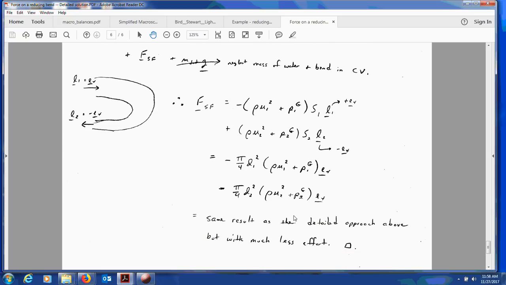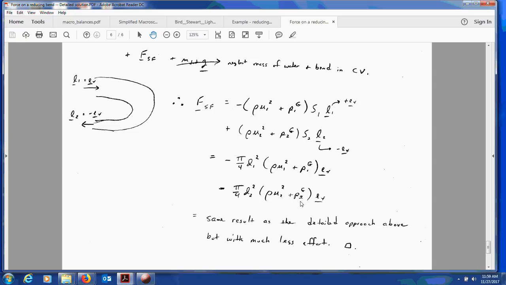And so we get two terms here. We get minus pi over 4 D1 squared times (rho U1 squared plus P1 gauge) e_x, and minus the same thing evaluated at location 2. So this is exactly the same result that we found from using the detailed integral analysis above, but we've done it with only a couple minutes of effort.